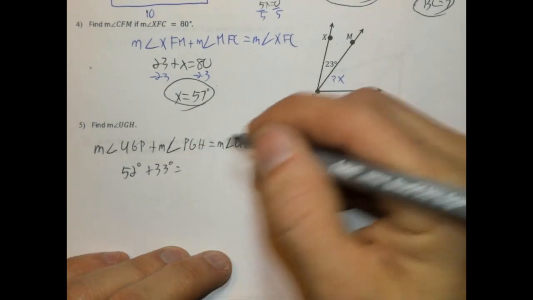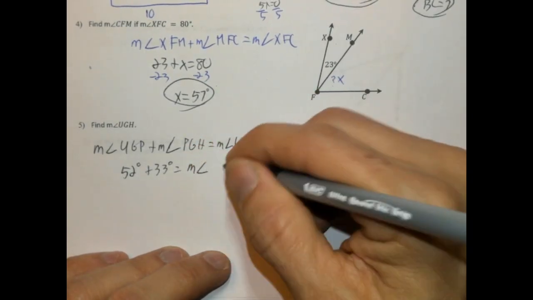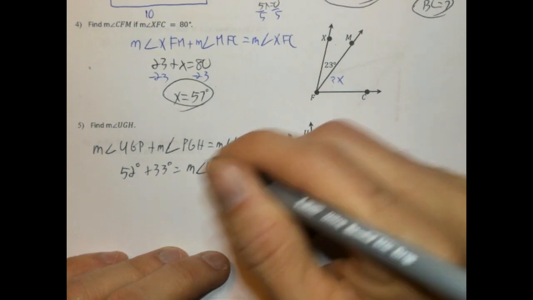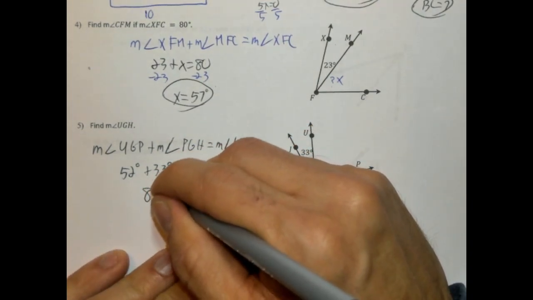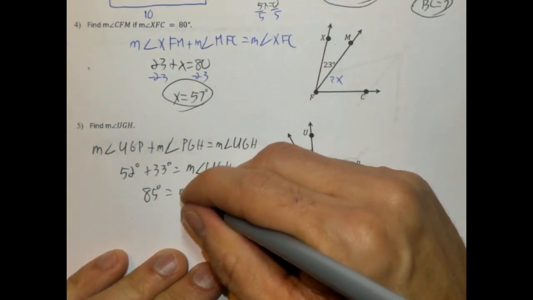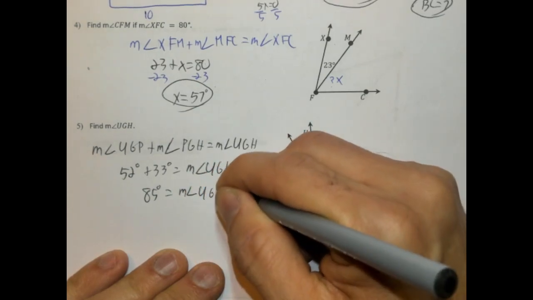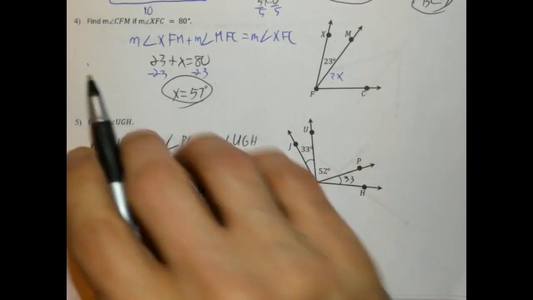We're going to add that together, and it's going to be 85 degrees equals the measure of angle UGH. And that's it. Let's pause this for 1 second.